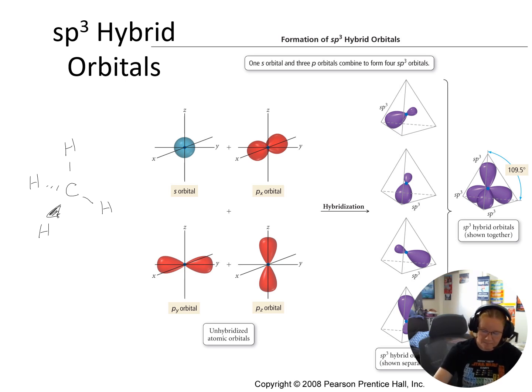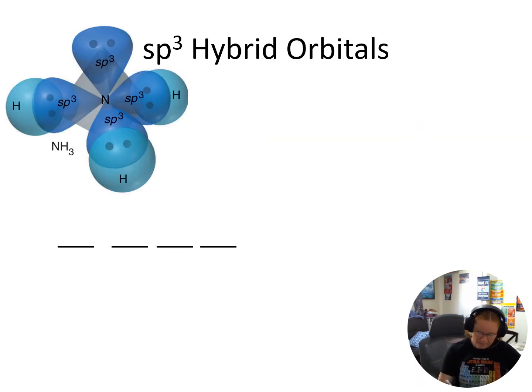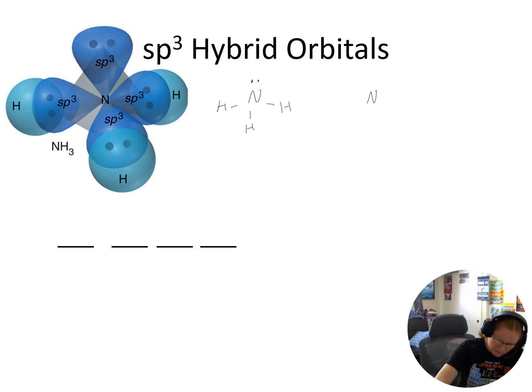Let's look. So with ammonia, okay, we have NH3, right? So I have my nitrogen, hydrogen, hydrogen, hydrogen, 3-dimensionally. You know, we've got that, we've got that, we got that, right?